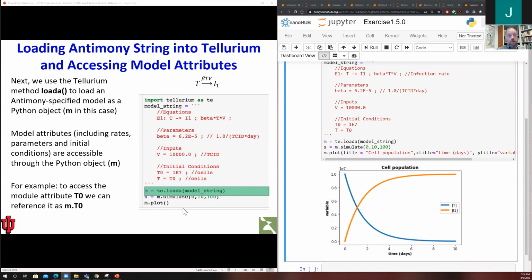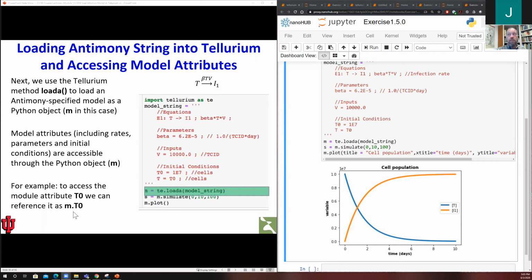One thing that's going to be very convenient using Antimony is that all of the variables and parameters in the model are accessible through this model object m. So for example, if I want to know what the value of t is in my simulation, m.t will give me the current value of the variable t. m.t0, this is a parameter, will return the value 1e7.